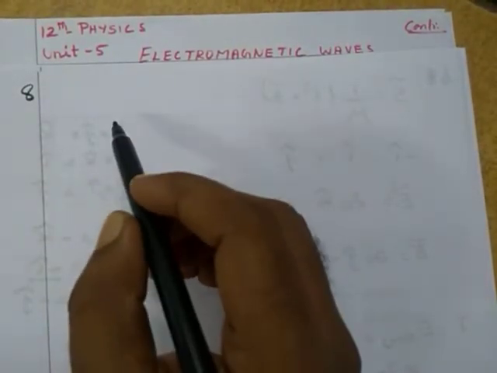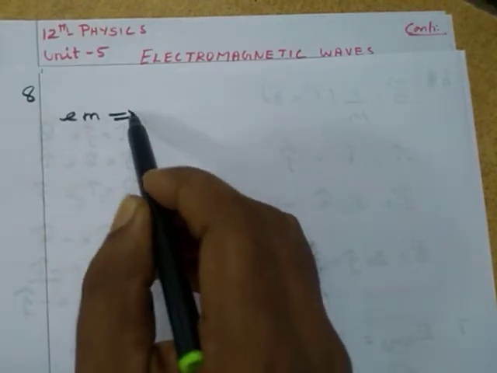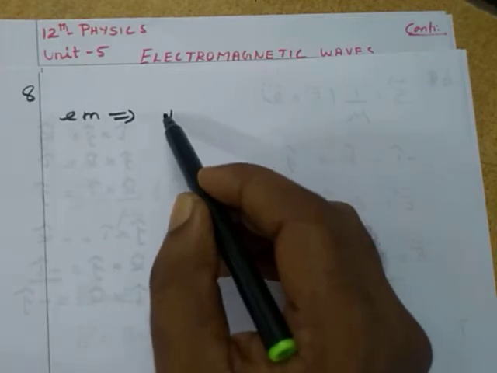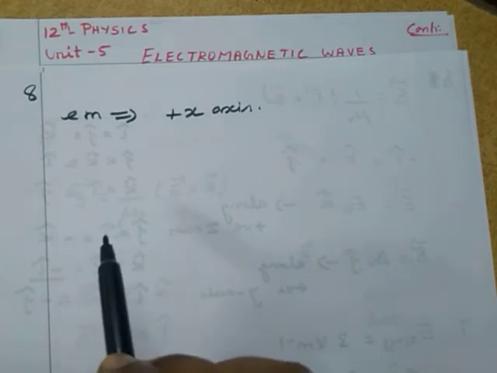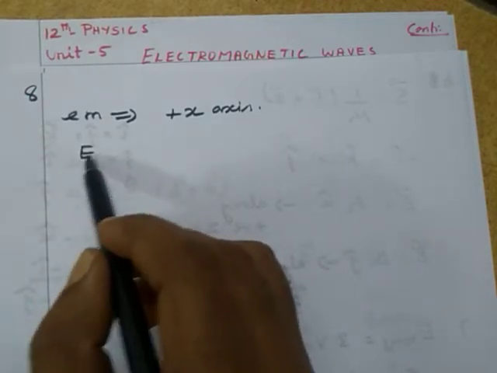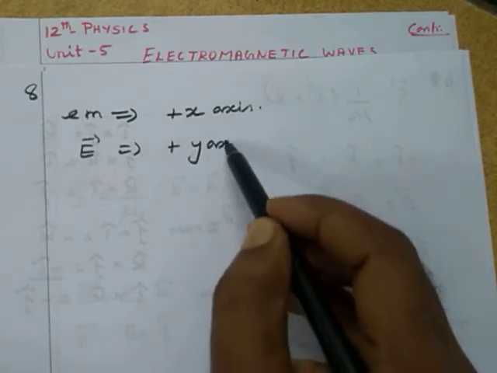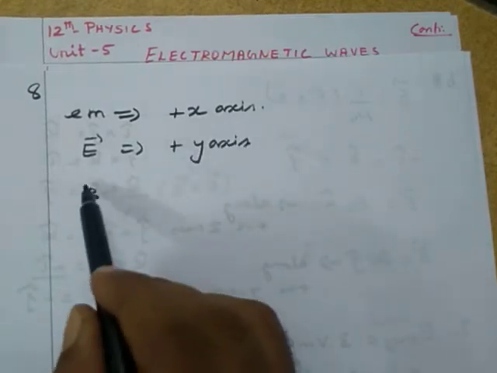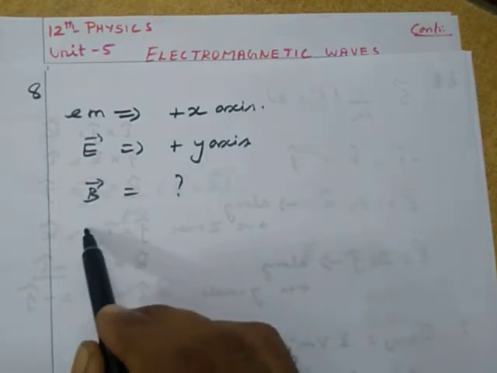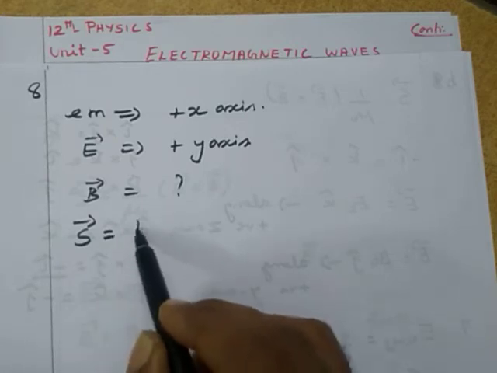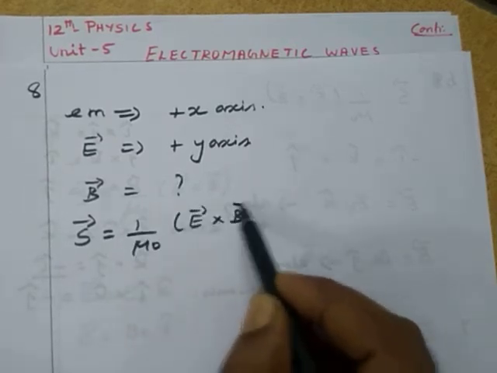Here in this question, the electromagnetic wave is propagating in the positive x-axis. At that instant the electric field vector is in the positive y-axis. They are asking the direction of the magnetic field. So we can use the Poynting vector, S vector is equal to 1 by mu naught E vector cross B vector.